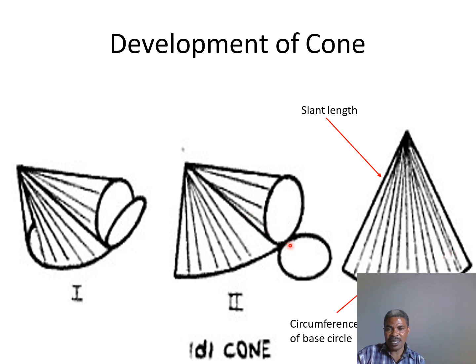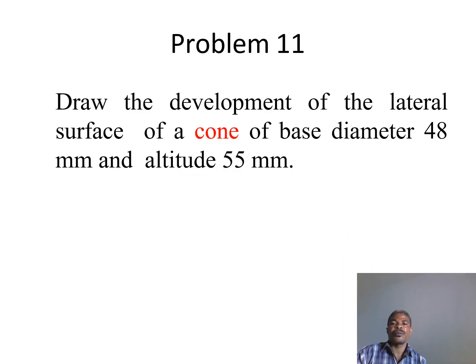So there is a lateral surface and the bottom surface of the cone. Let's see a problem, how to go. Conditions set: draw the development of the lateral surface of a cone of base 48 millimeter and altitude 55.